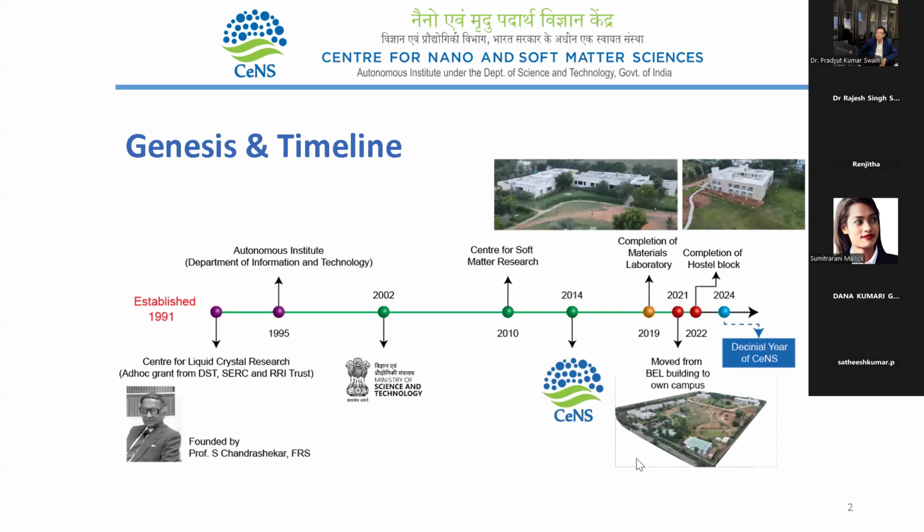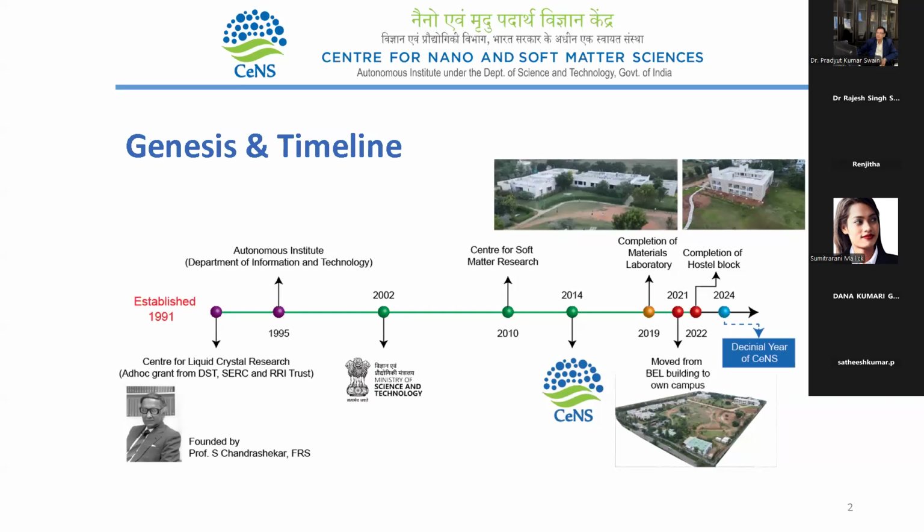We are situated in a lush garden-like campus of about 17 acres, and we have limited buildings as of now, but we keep expanding. We have about 10 faculty and about 60 PhD students so far, and apart from that, we have a lot of projects running. Our institute is basically an academic research institution.